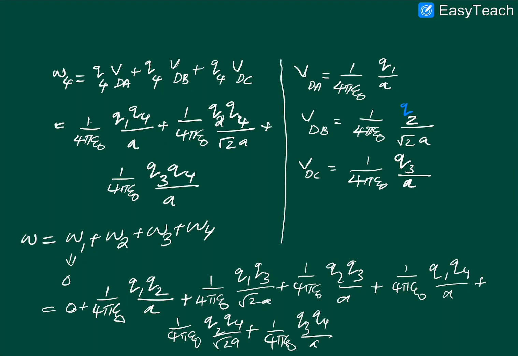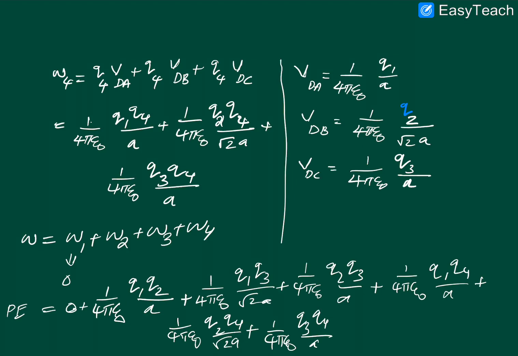That is the total work done in creating such a system of 4 charges placed at the corners of a square of side A. This work done is converted as the potential energy. So potential energy is given by this.